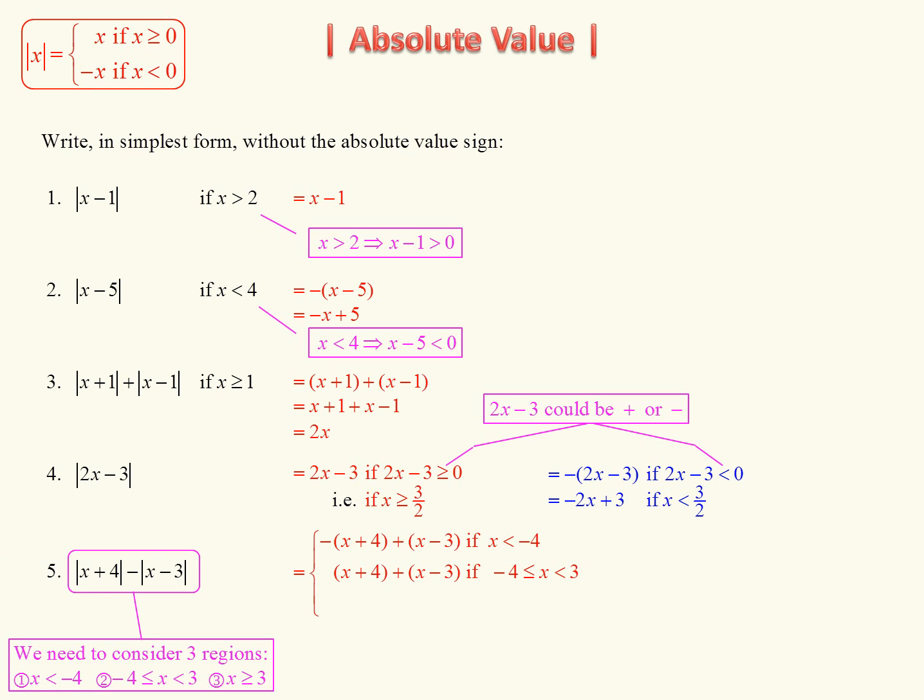Finally, greater than or equal to 3, both of them will be positive, so they stay as is without any effect of the absolute value sign other than brackets. And of course that simplifies to that. Notice I've taken away the brackets and they're like terms, and we add like terms.